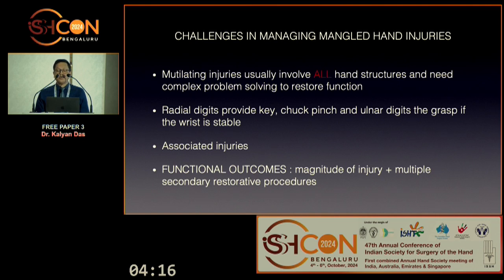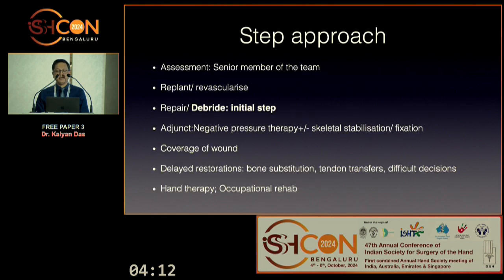The functional outcomes depend both on the magnitude of the injury and the multiple secondary reconstructive procedures. It should be a step approach. The assessment should preferably be done by a senior member of the team. We should first decide whether to replant or revascularize.